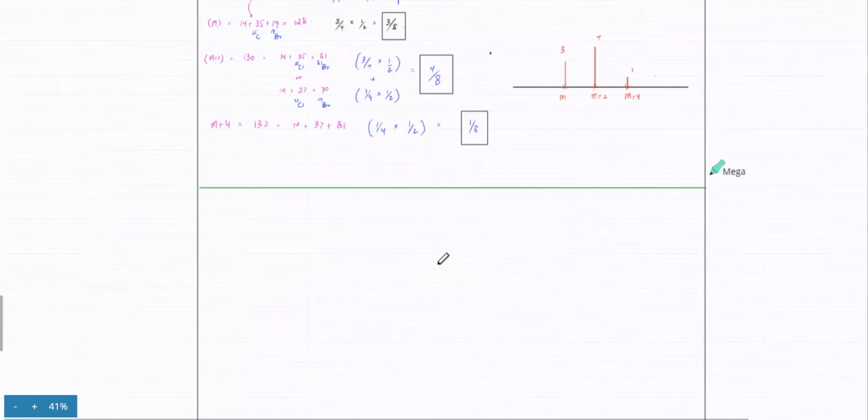Now, the next thing we wanted to discuss was fragments. How we hadn't mentioned or talked about fragments, but how would fragments help us in figuring out the structure of the molecule? Okay, that's the first thing.